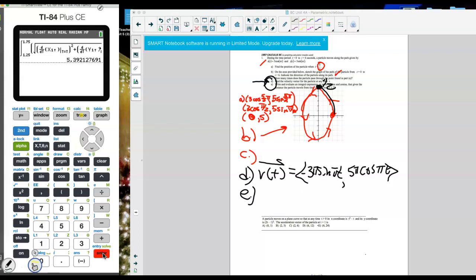Yep, and then you have to take the square root of that squared plus that. It says the speed. Speed is the square root of f prime of t squared plus g prime of t squared. Did you do it all in your calculator?